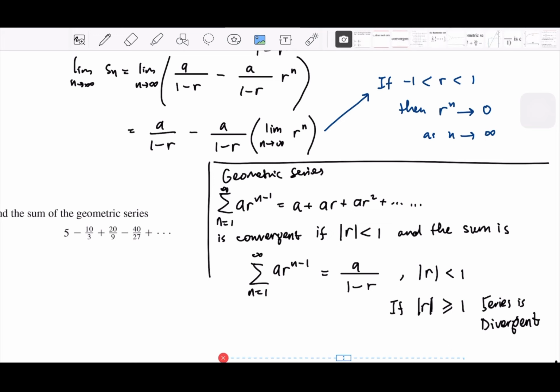That's why in the Zeno paradox, we get A is half, R is half. So half over 1 minus half is half over half, so the sum is 1. So that's the Zeno paradox, if we remember.